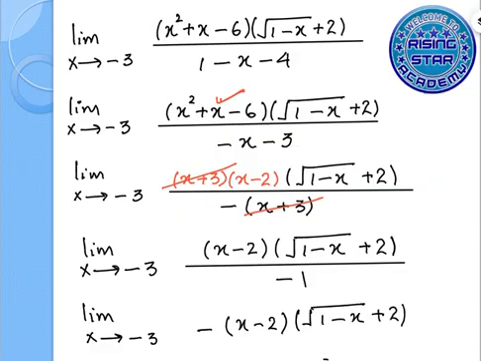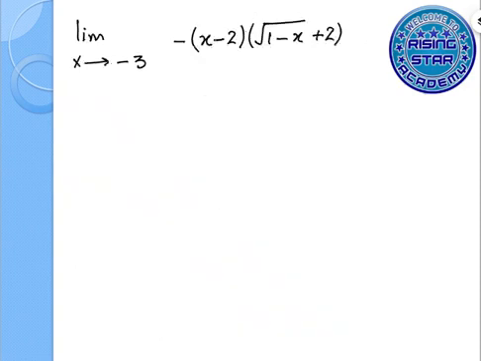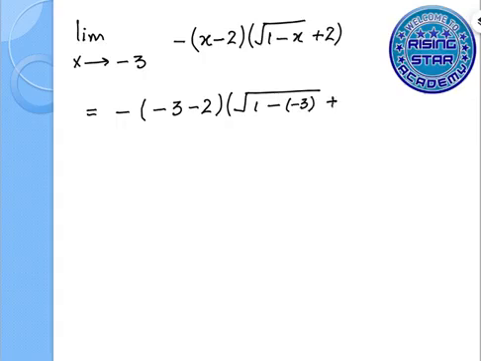Now we will replace x with negative 3 to get our final answer. So I write the result again. Now I will apply the limit. So negative (-3 - 2)(1 - √(-3 + 2)). That would become negative of negative 5.